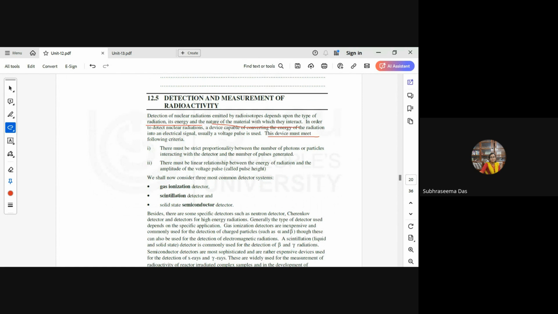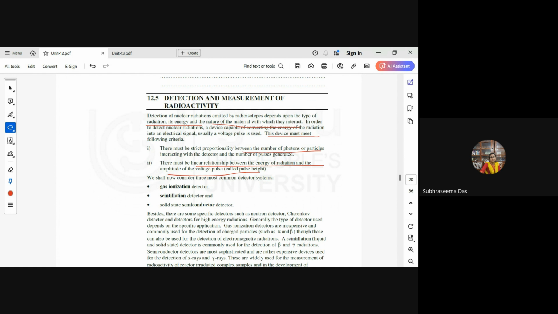There must be a strict proportionality between the number of photons or particles that interact with the detector and the number of pulses generated, and there should be a linear relationship between the energy of radiation and the amplitude of voltage, which we call the pulse height.